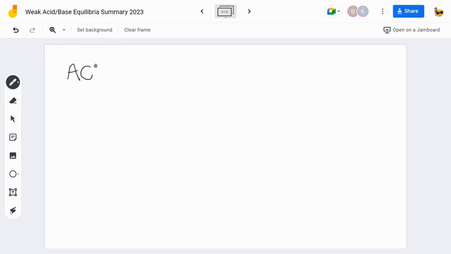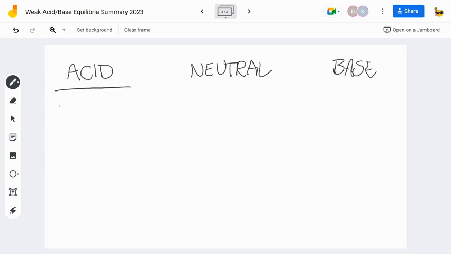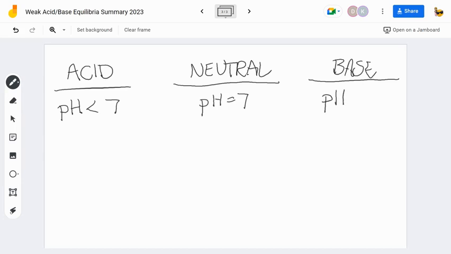So let's summarize how we would know if we're dealing with an acid or a base. Acids have pHs that are less than 7. Neutral has a pH equal to 7 as long as we're at 25 degrees Celsius. Bases have a pH greater than 7.